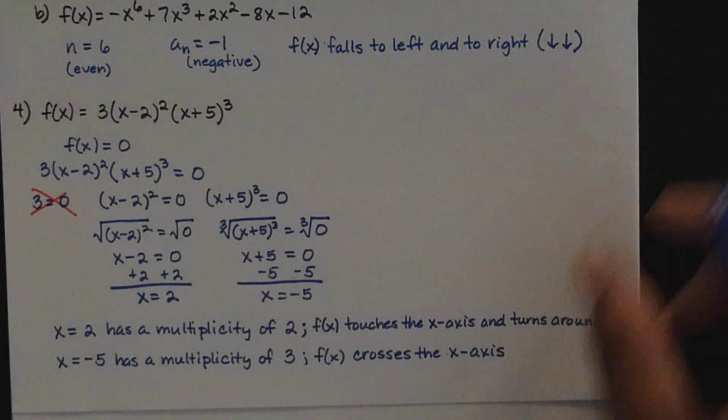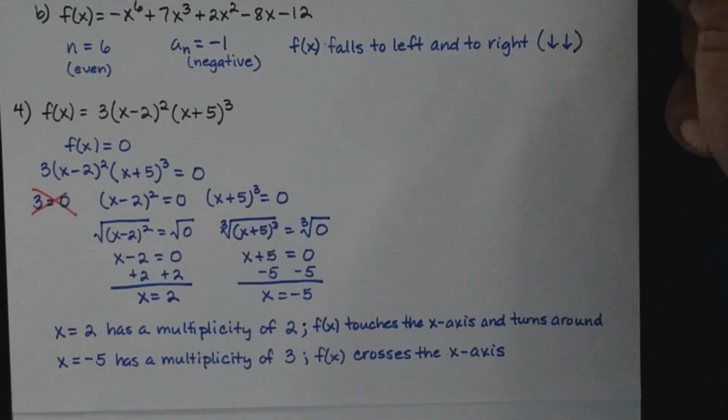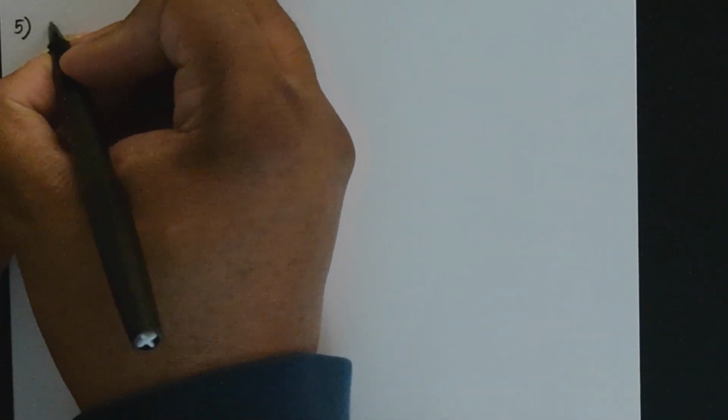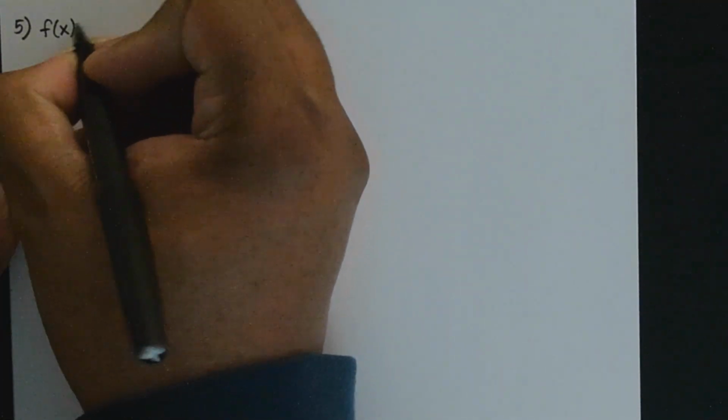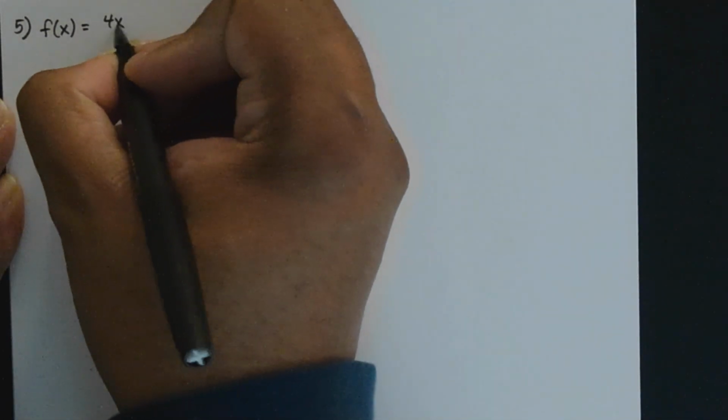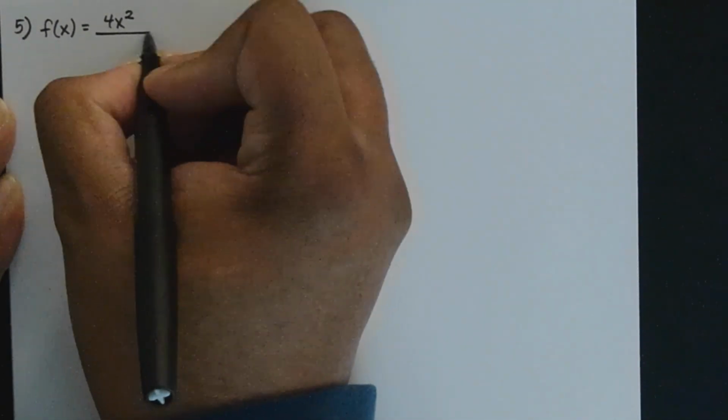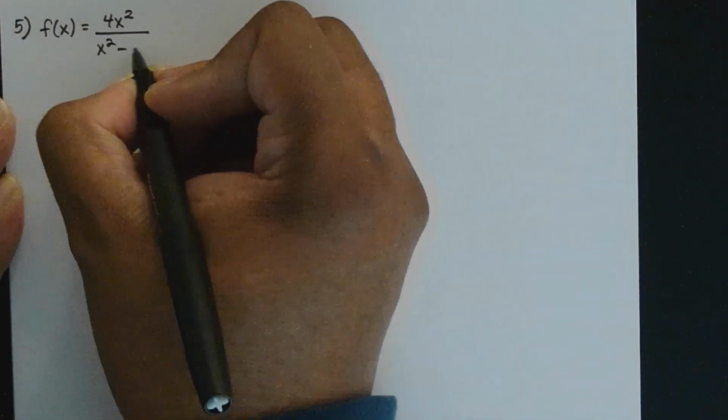All right, number 5 is a graph of a rational function. Here we've got f of x is equal to 4x squared divided by x squared minus 9.